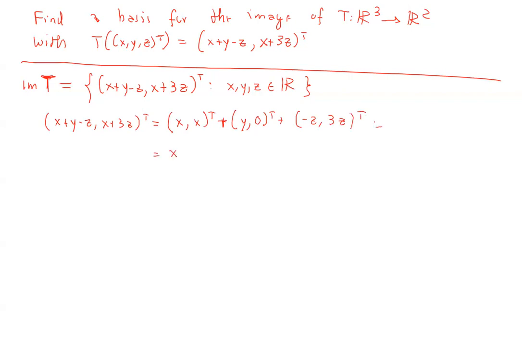And you get x times 1, 1, plus y times 1, 0, plus z times negative 1, 3. So these three vectors are automatically generators. So they generate.